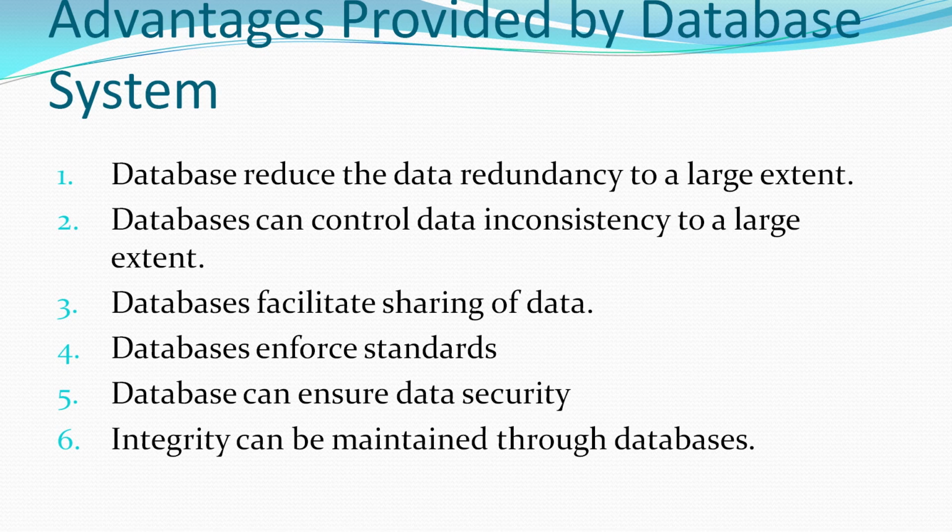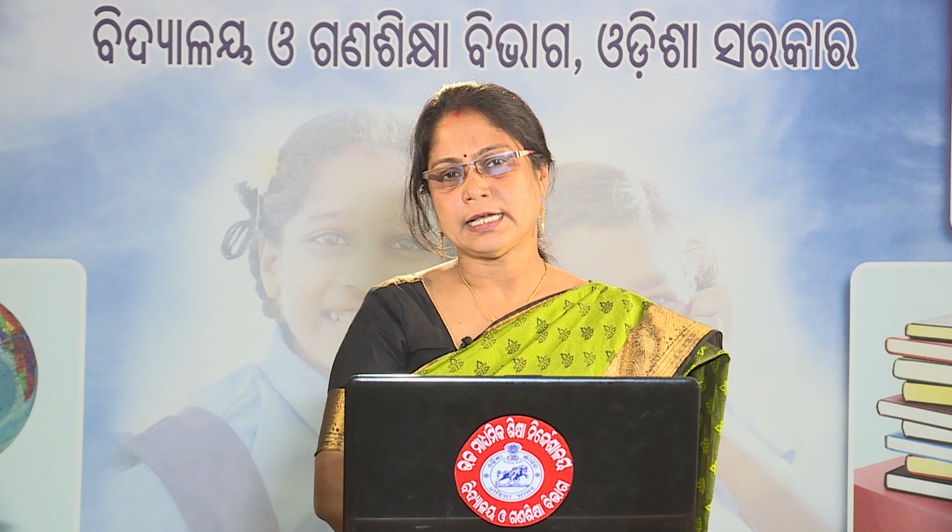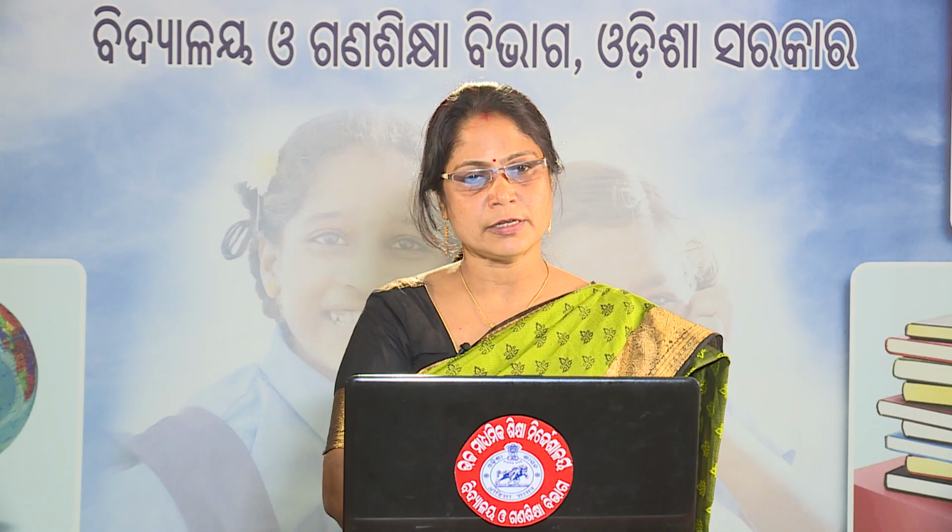Again, some constraints are also provided in the database at the time of storing data. For example, a date having month 15 is impossible, or a month having 32 days. Suppose when we are preparing the salary of an employee, the number of working days in a month should not exceed 30 or 31.